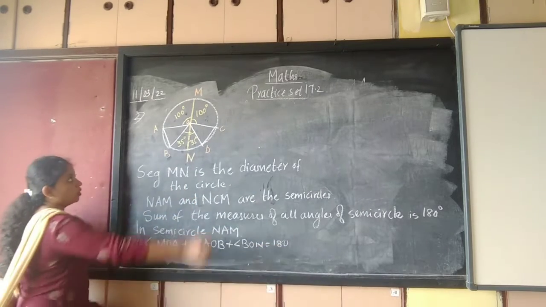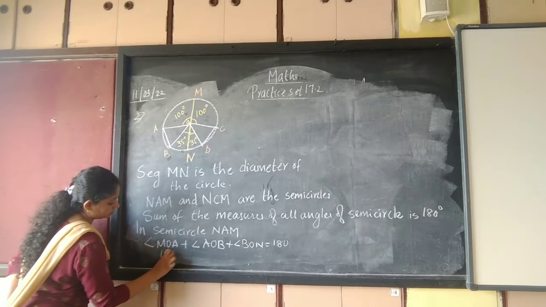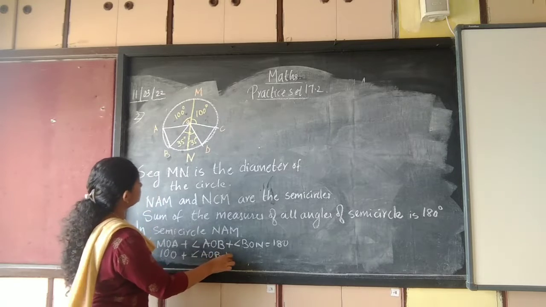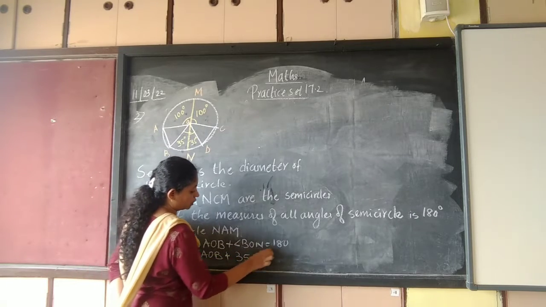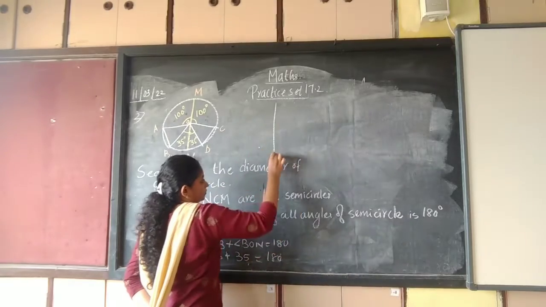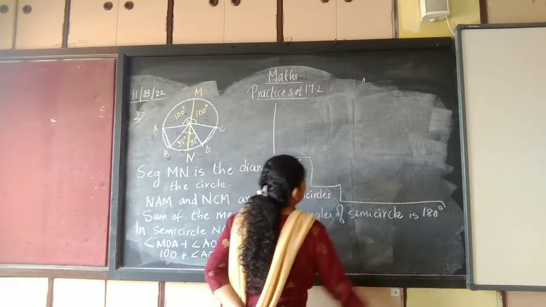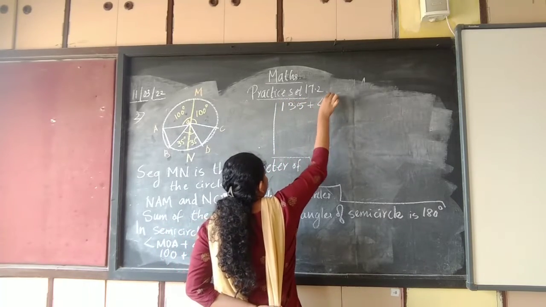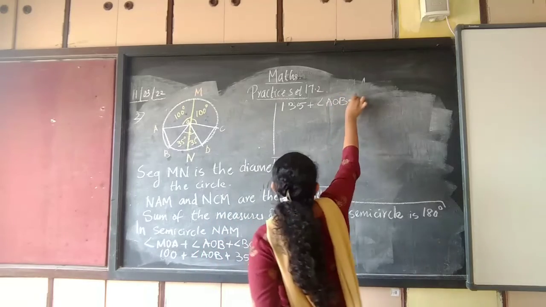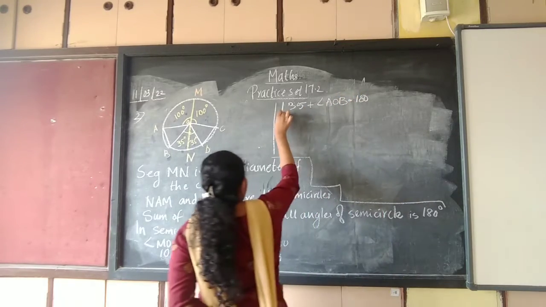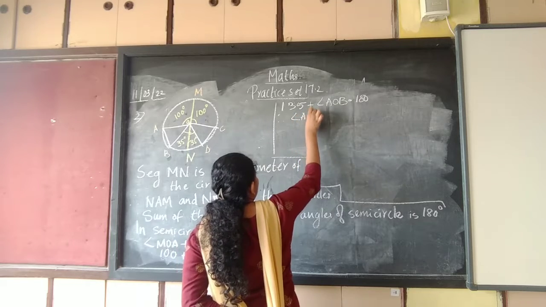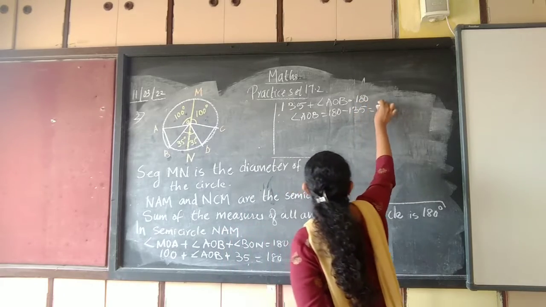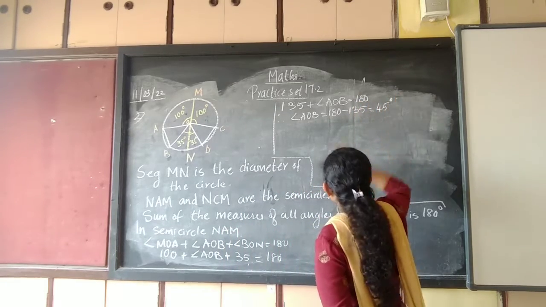MOA is given as 100, AOB we have to find out, plus BON is 35, is equal to 180. So 135 plus angle AOB is equal to 180. Therefore, angle AOB is equal to 180 minus 135, that gives you 45 degrees. We got the angle AOB.